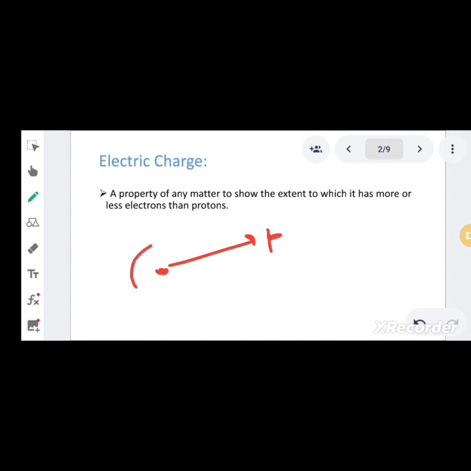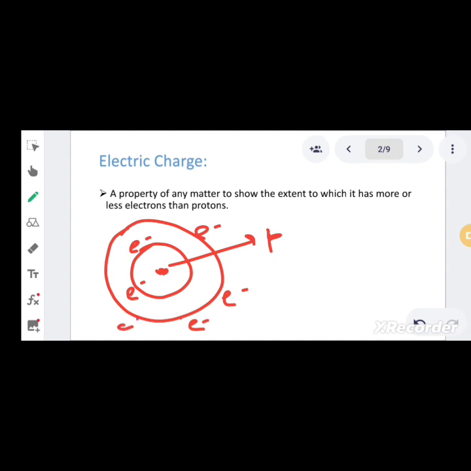Then we have circular orbits where we have electrons. So electric charge is defined to show if a body has more electrons than protons or less electrons than protons.